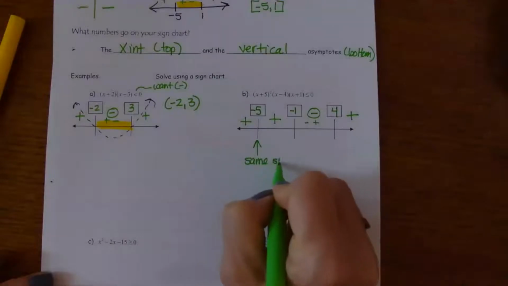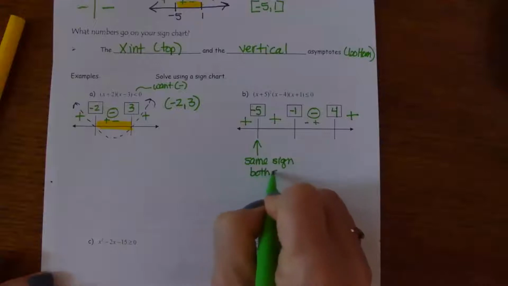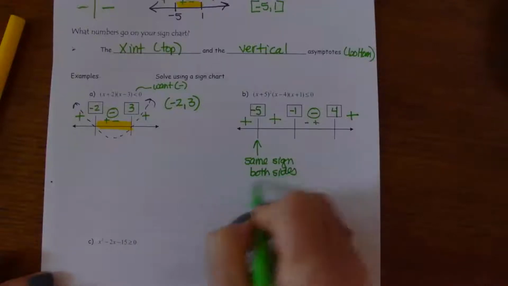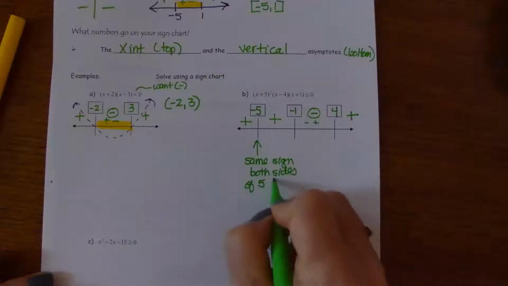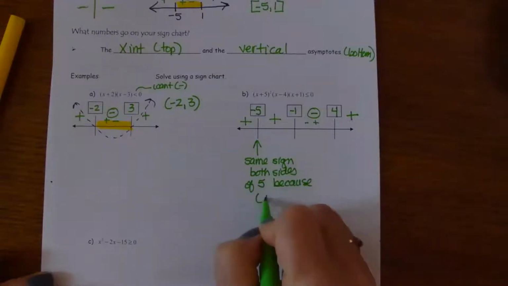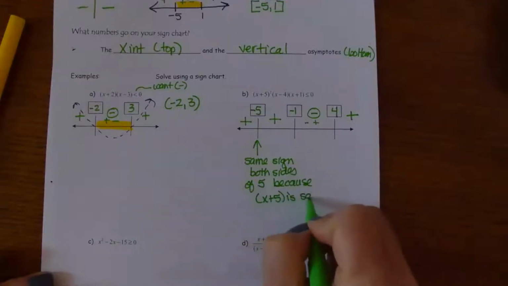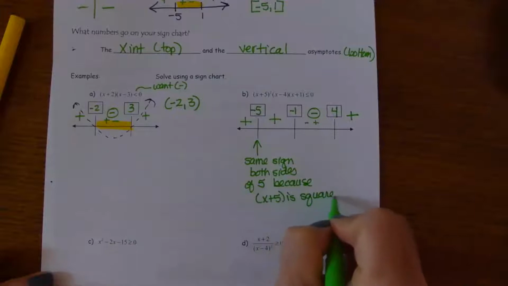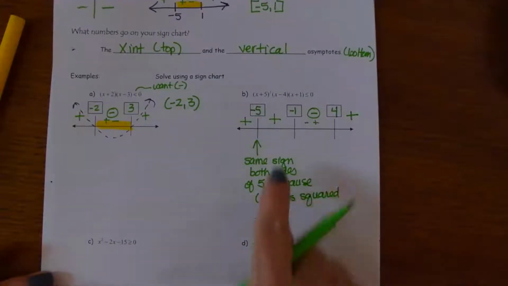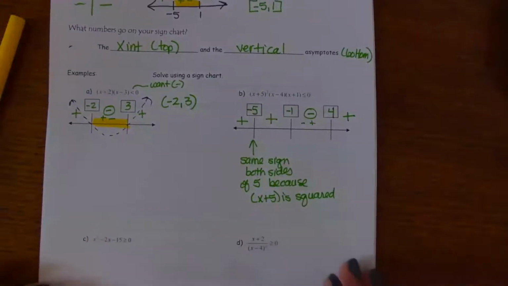Same sign, both sides of 5 because x plus 5 is squared. You kind of need to write it out. If you just write that, you won't know what you mean, right?